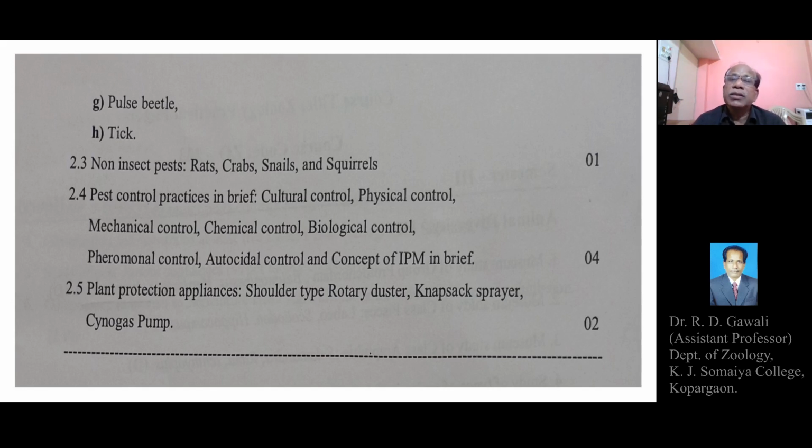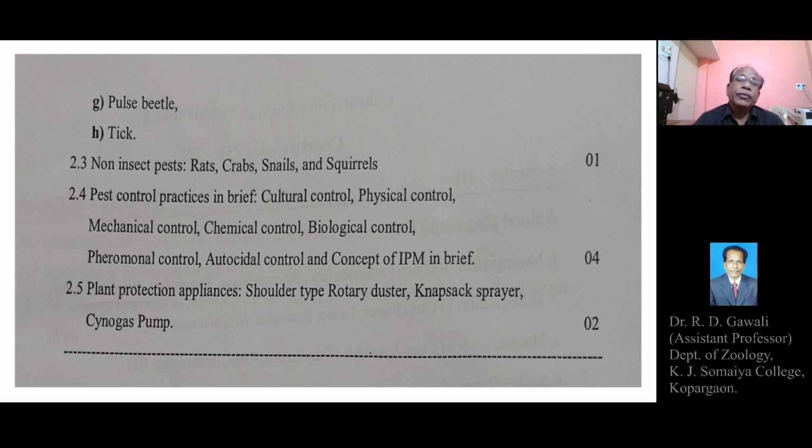Then autocidal control. Autocidal control means self control. In autocidal control, we can use a technique like the sterile male technique, where males can be sterilized by using certain chemicals called chemosterilants.